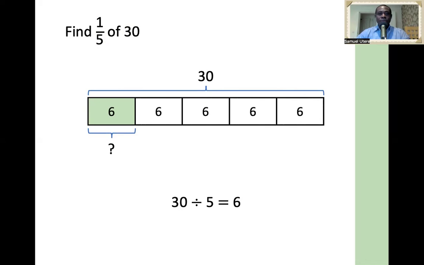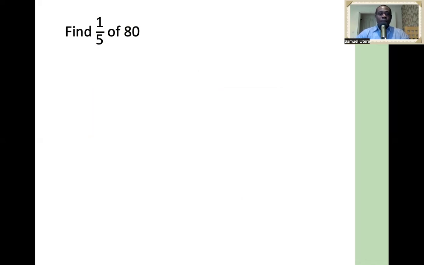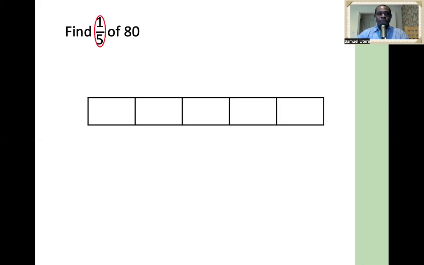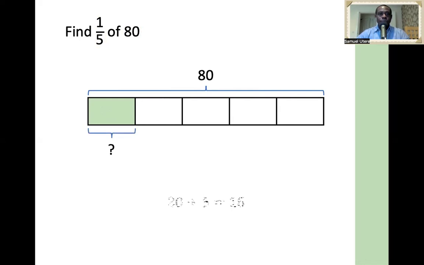Let's do it for another one. If we want to find 1/5 of 80, it means we need to split 80 into 5 equal parts. 1/5 means you take just one part of that. So if we split 80 into 5 equal parts, that will be 80 divided by 5, which means the 1/5 is just one part of the bar model, which is 16.